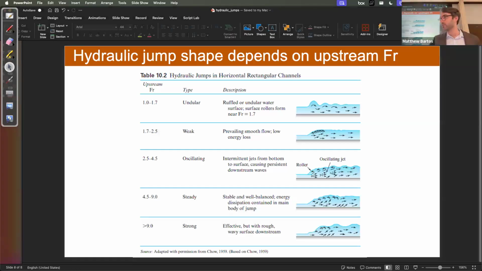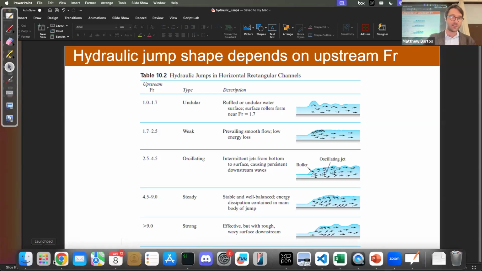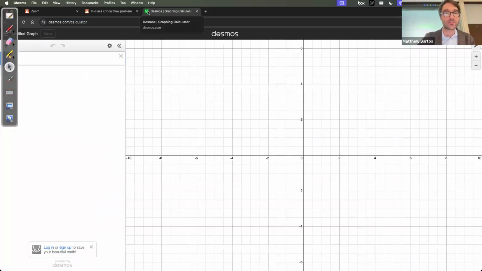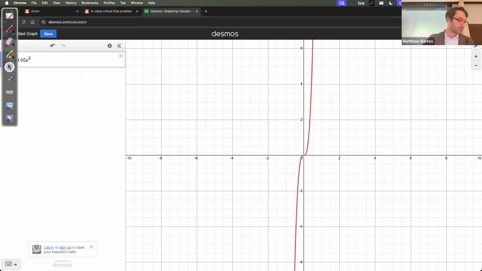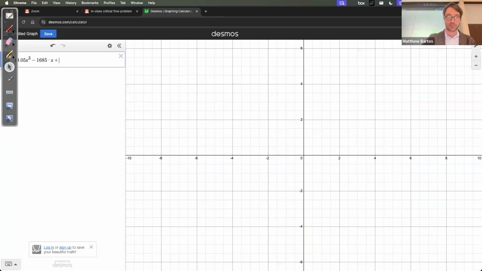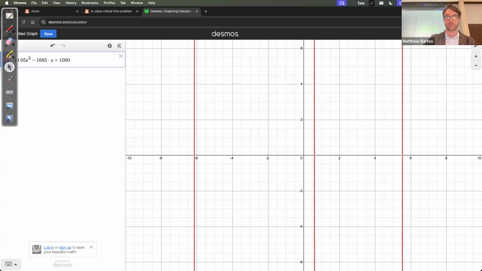To do that, I'm going to graph it. Again, Excel is not the best tool for this. So let's go ahead and graph this function. We'll have 49.05 times x cubed minus 1,685 times x plus 1,000.